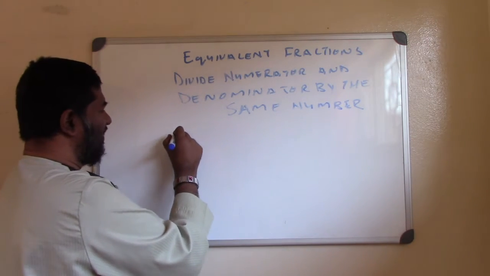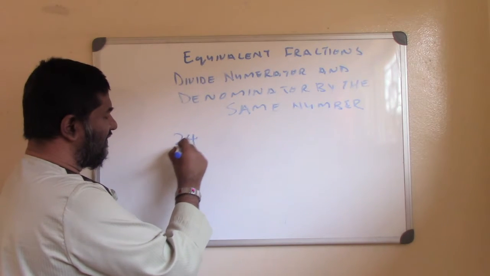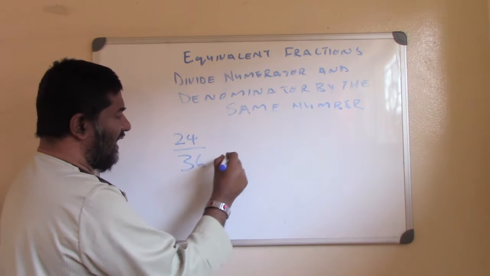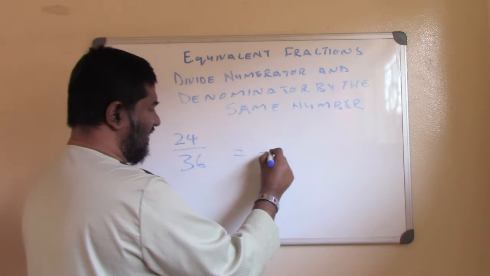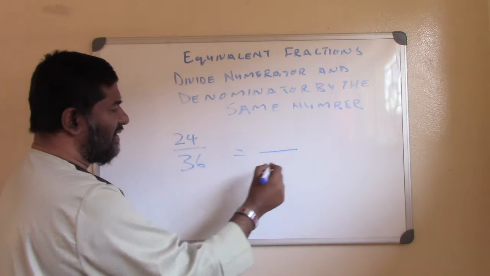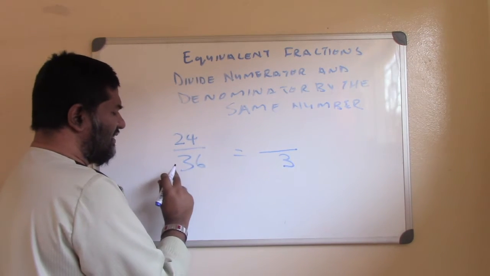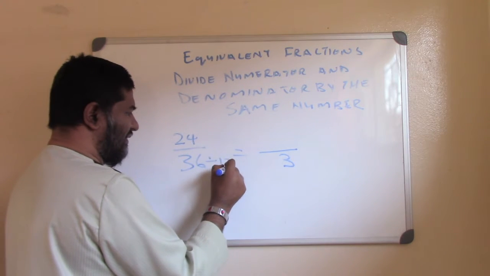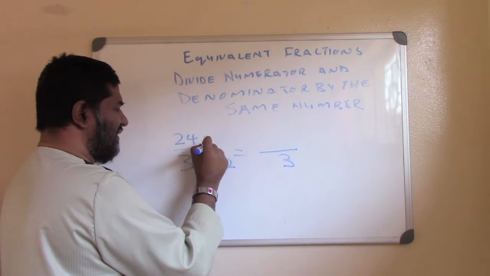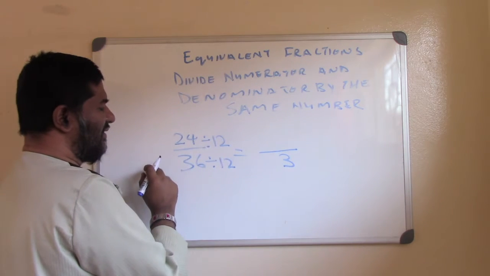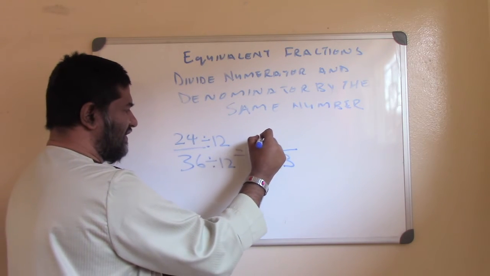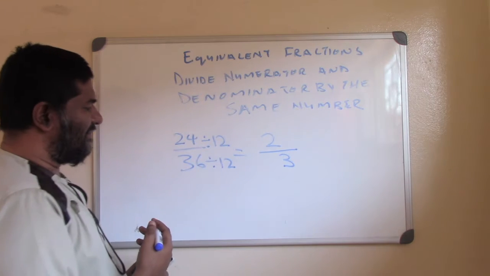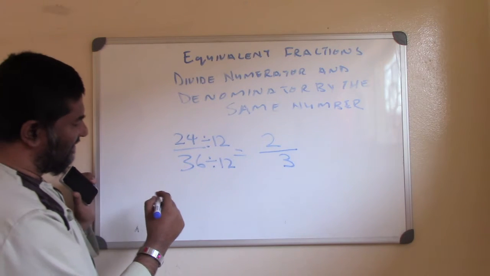Let's take an example. 24 over 36. Now I want to write this as an equivalent fraction with a denominator of 3. So I'll say from 36 to 3. If I divide this by 12, I would have to divide the numerator by 12 also. So now I'll say 24 divided by 12 gives me 2 over 3. Now let's take another example.